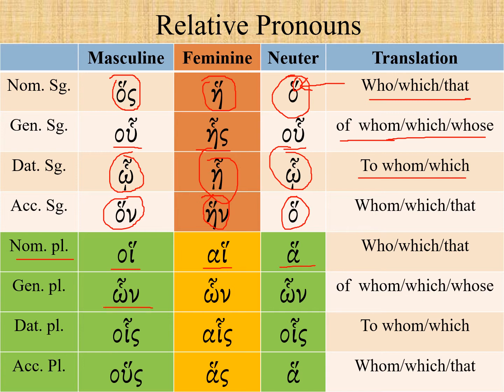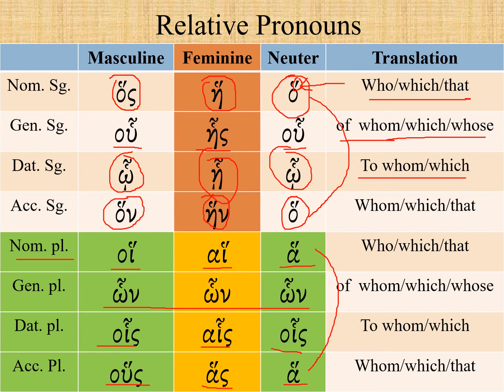Genitive, all three are the same, hon. Dative, hois, hais, hois, and accusative plural, hous, has, and ha. Again, noting the similarity or the identical forms in neuter, nominative, and accusative in singular and plural.